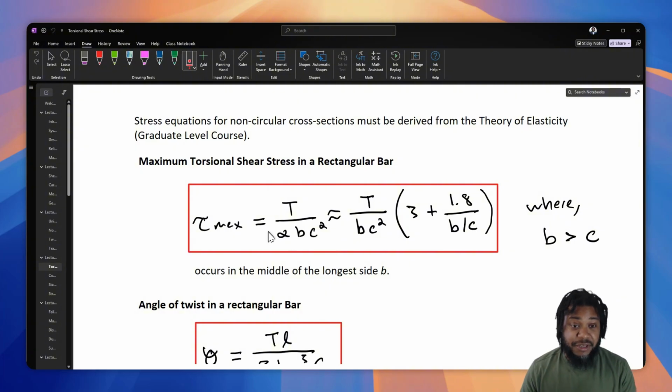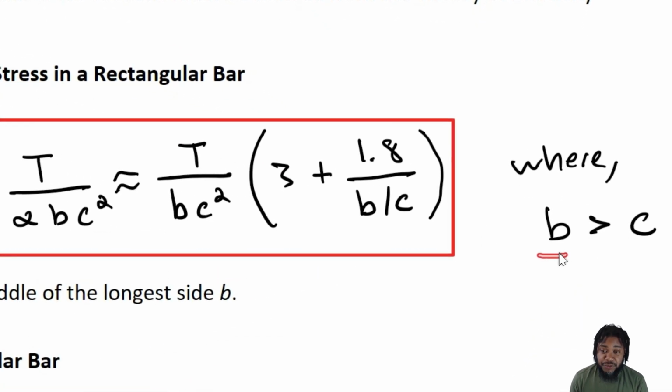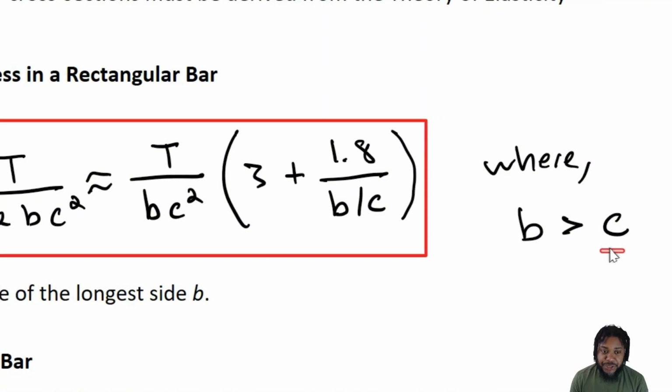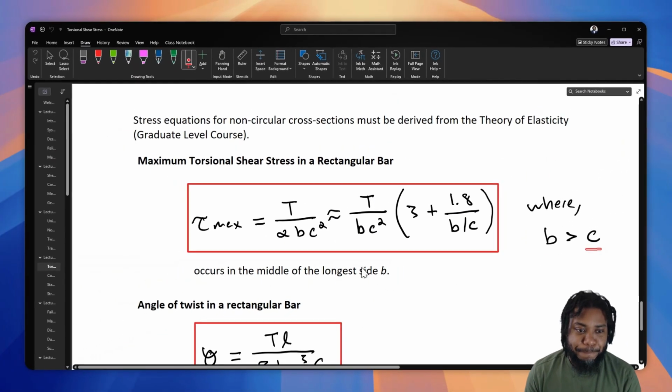So this is a simplified equation. Let's look where for this equation to work, this is when b is a larger dimension than c, right?